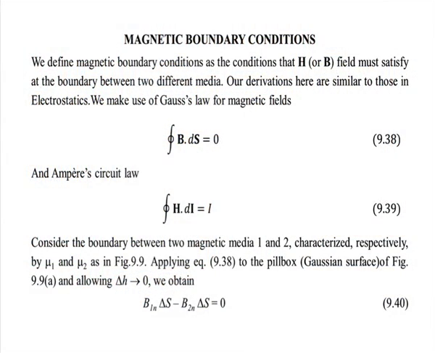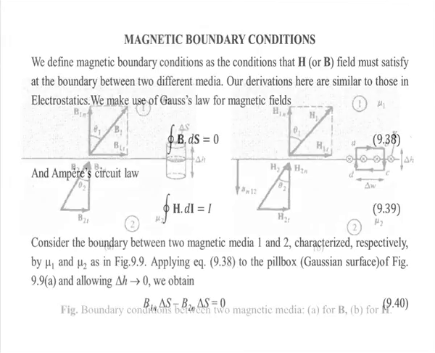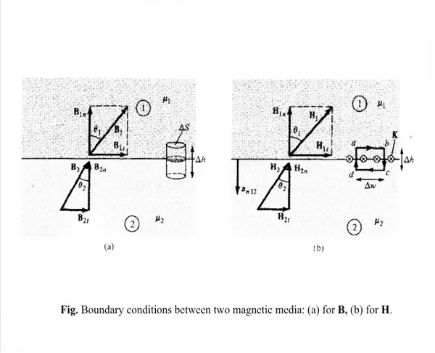If we apply the first law, that is Gauss's law for magnetic fields, B dot dS over the closed surface equal to 0, for the Gaussian surface, which here is the pillbox. As can be seen, there are three surfaces to it: the top surface, the bottom surface and the cylindrical surface.